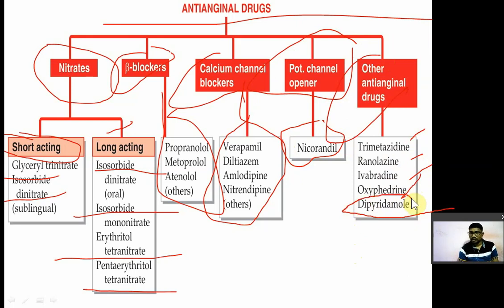We saw it in the very beginning when we were discussing coagulants and anticoagulants: aspirin, dipyridamole, clopidogrel. And trimetazidine is a partial fatty acid oxidase inhibitor. Ranolazine and trimetazidine are the pFOX inhibitors. A question on this has already come.